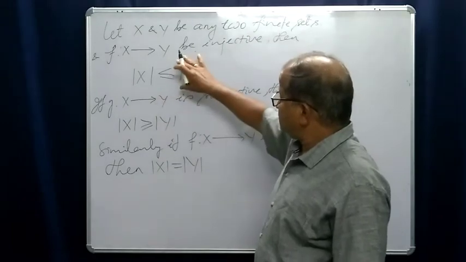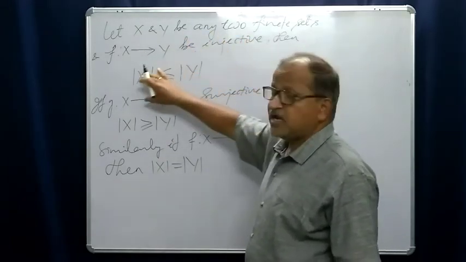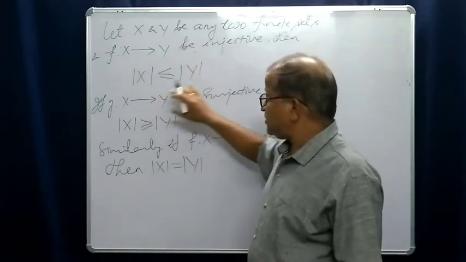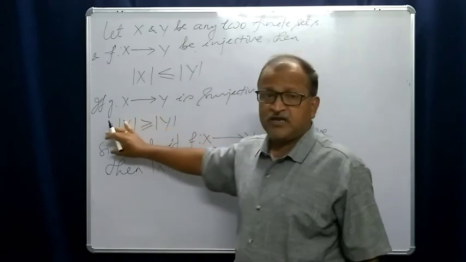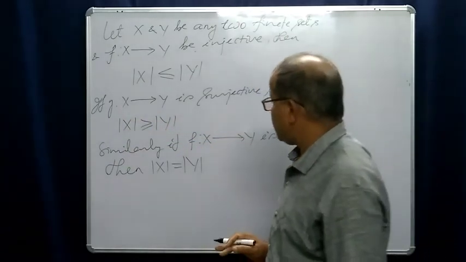So mind it here. If f is injective, then cardinality of x is less than or equal to cardinality of y. If it is surjective, then cardinality of x will be greater than or equal to cardinality of y.